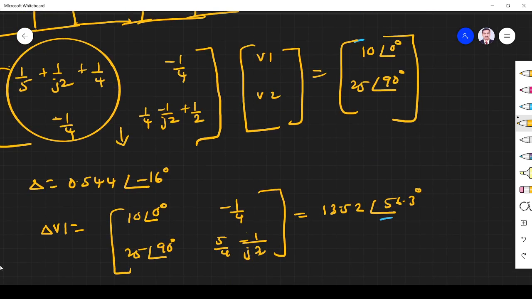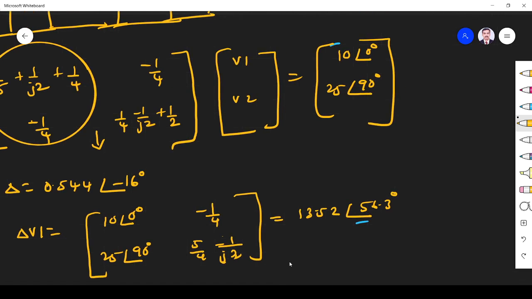Now I want V1. V1 is del V1 divided by del. Del V1 is this one, del is this one. Divide both, and you get 24.85∠72.3 degree volt. This is V1.